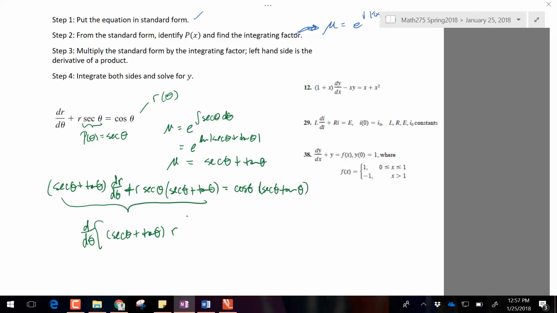We could say r of theta, we'll just leave it as r. And then this will give us an opportunity to simplify this a little bit. Secant is 1 over cosine, and tangent is sine over cosine. So if we multiply cosine through, we're just going to get 1 plus sine theta. Okay.